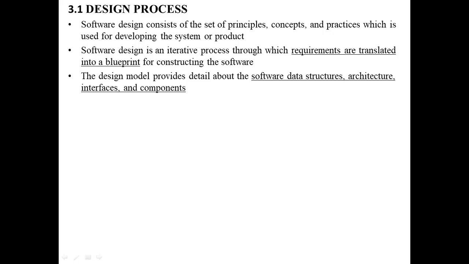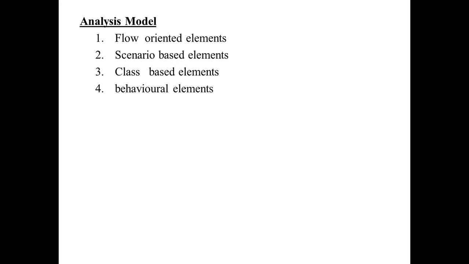The design model provides detail about the software data structures, architecture, interfaces, and components. Your design process has two models. One is the analysis model, the second one is the design model. Under the analysis model, we have classified all the requirements into four categories: flow oriented elements, scenario based elements, class based elements, and behavioral elements.